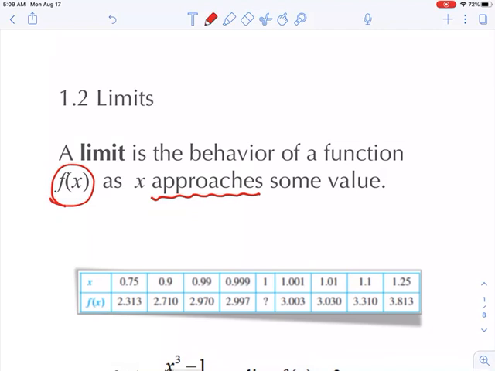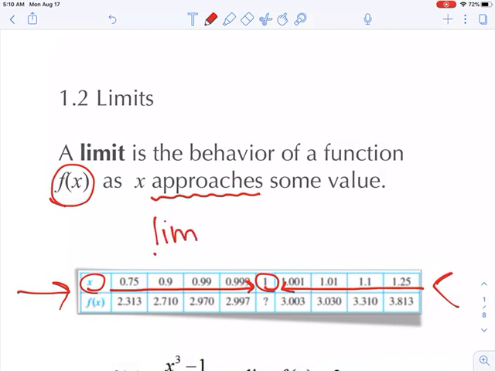If you look at this table of values, you can see that as we come from the left side with our x's, and then from the right side with our x's, our x values are getting closer and closer to 1. So we would write the limit as x approaches 1 of our function f of x.